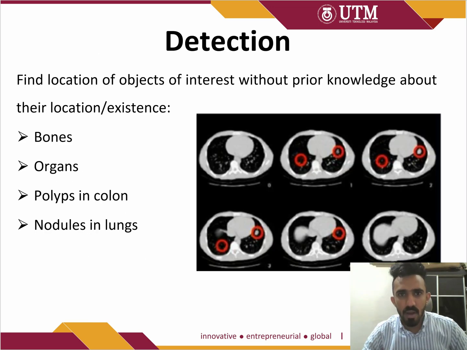What is detection in image processing? It's a tool to find the location of the object of interest without prior knowledge about its location or existence. Examples of detection in biomedical image processing: bones, organs, detection of polyps in the colon and nodules in the lungs.